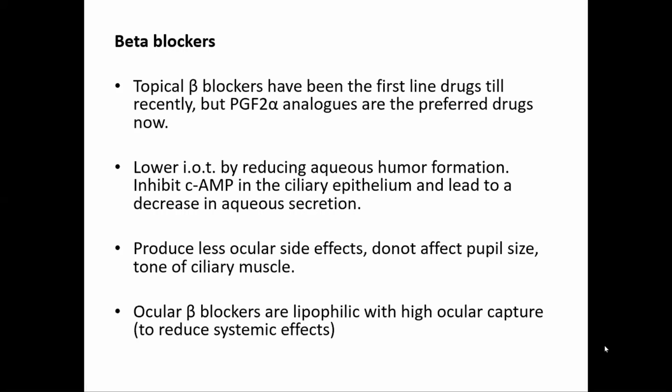However, the beta blockers are free of these effects of the cholinergic drugs like pilocarpine or physostigmine. And the topical beta blockers are lipophilic with high ocular uptake, and this is in order to reduce the systemic toxicity or systemic side effects.